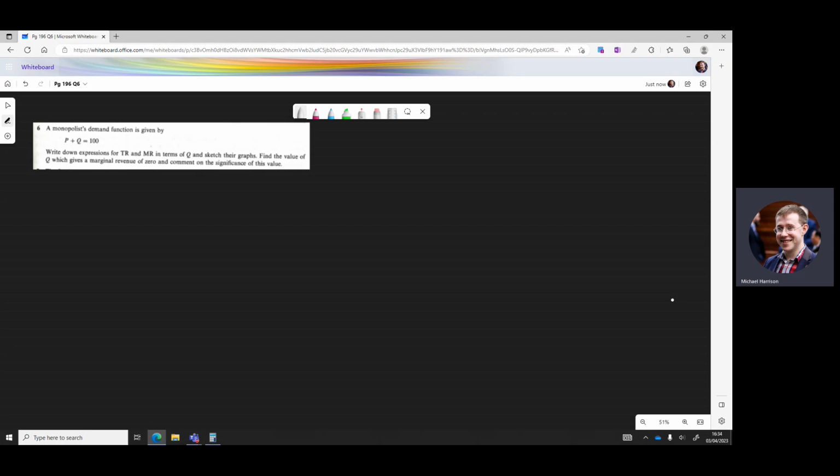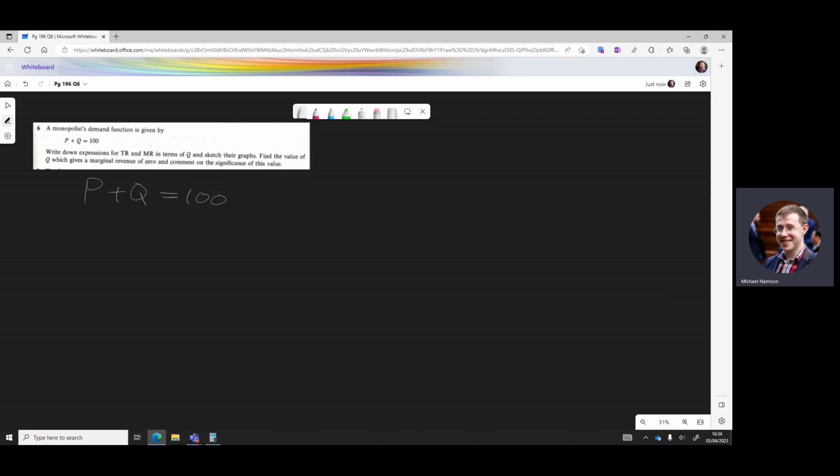We're given the demand function of a monopolist. I'm asked to write down expressions in terms of Q for total revenue and marginal revenue. That's a good place to start. However, as the equation is written, P plus Q equals 100, this doesn't necessarily work for me.